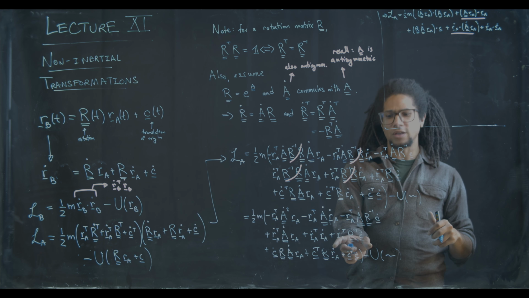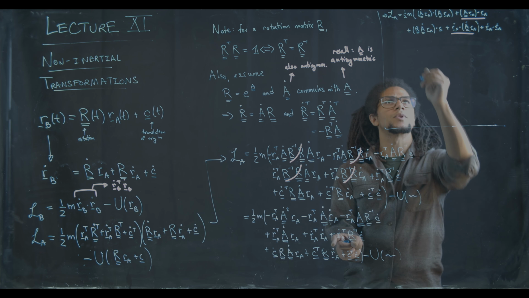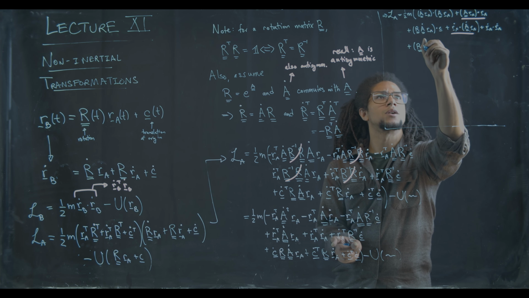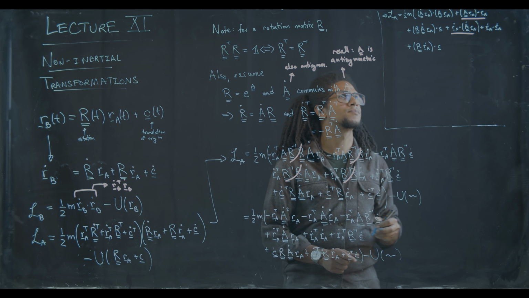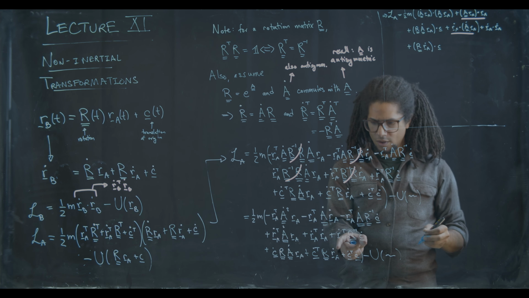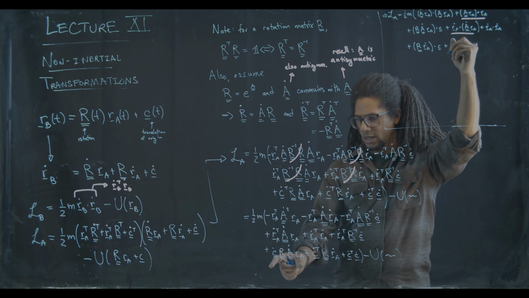And here, the only thing that I need to do is make sure that I associate R with this vector here. So I have R times RA dot C. Okay. Now we're down here. So we get a plus.